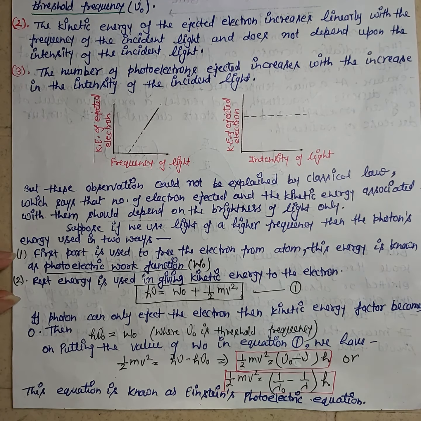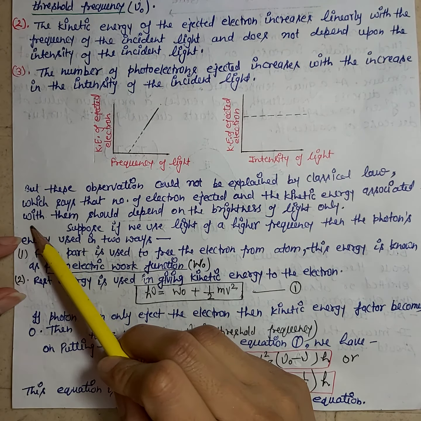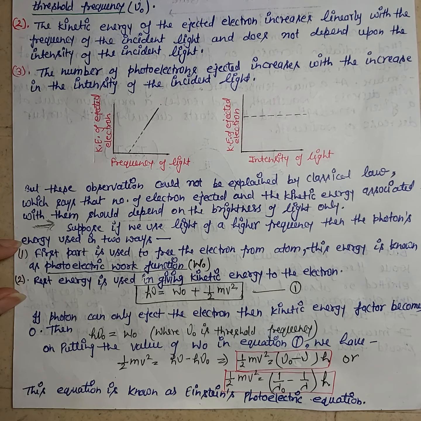Now focus on this point. Suppose we are using a higher frequency radiation, then the energy of photons will be used in two ways. In the first part, some amount of energy will be used to eject the electron.